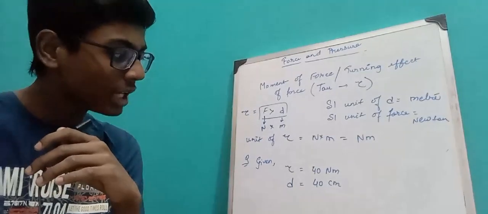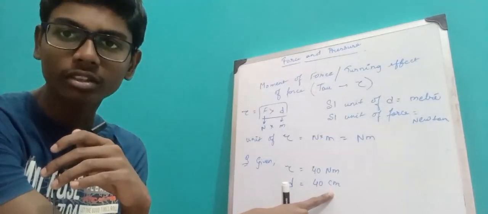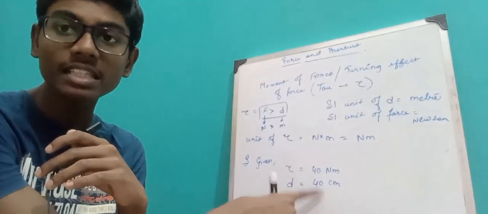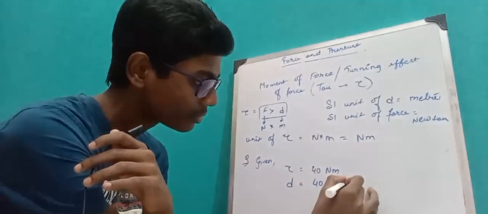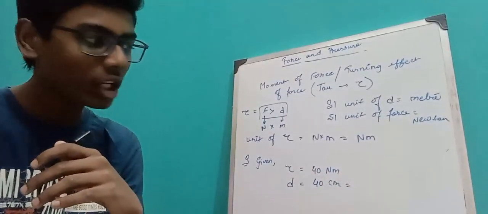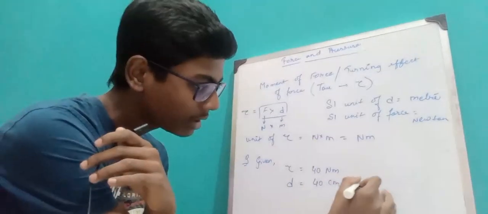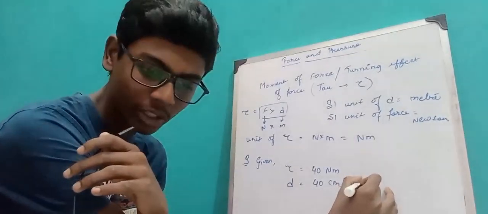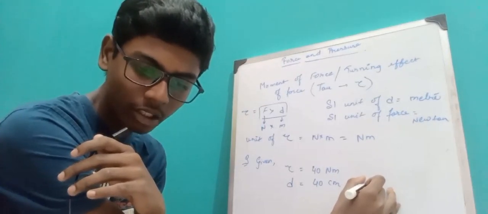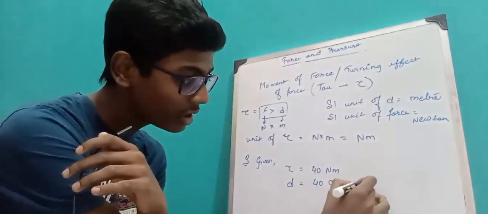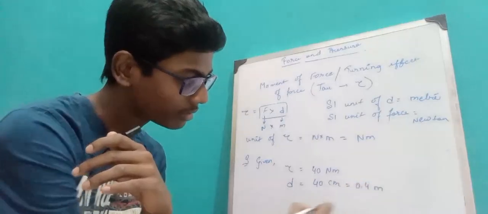Now we always have to convert it into the SI unit. Centimeter is not the SI unit, it is the CGS unit, right? So centimeter to meter means divide by 100, so it will be 0.4 meter.